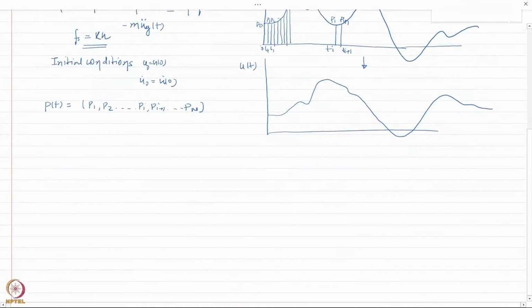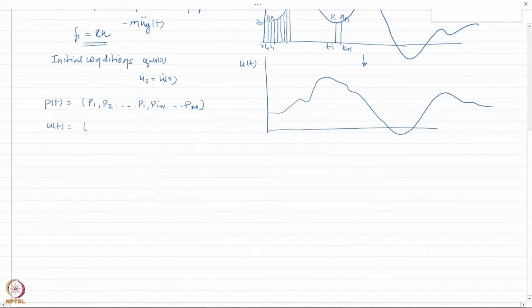Our displacement needs to be determined at the same instances of time. So basically u1, u2, u(i+1), and let us say un. Remember, all of these are at time instances t1, t2, ti, t(i+1), tn. So we discretized our excitation, and then we get the response as discrete values at those points.